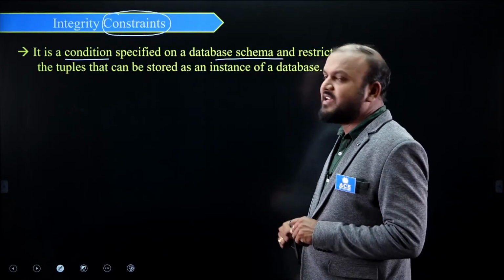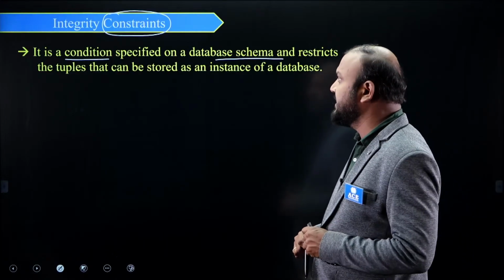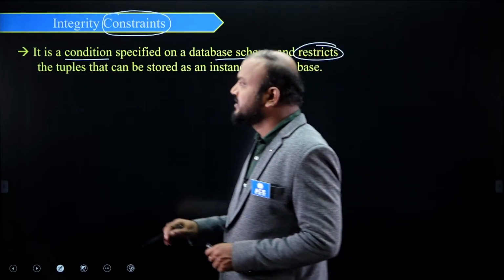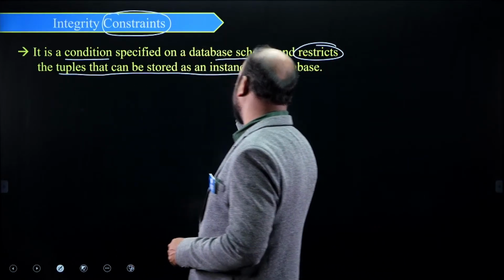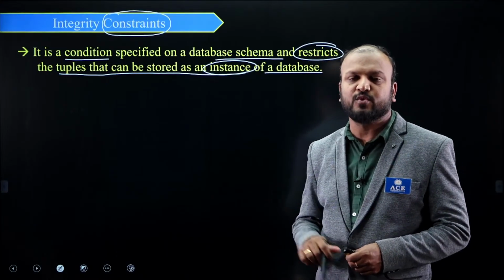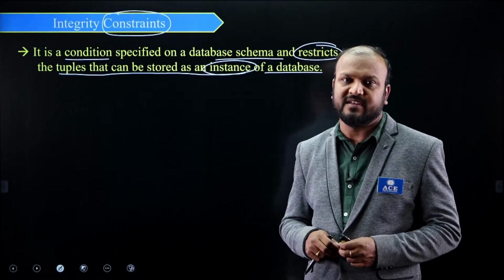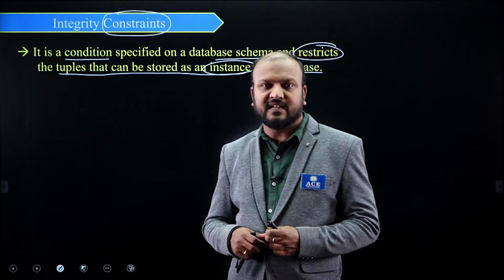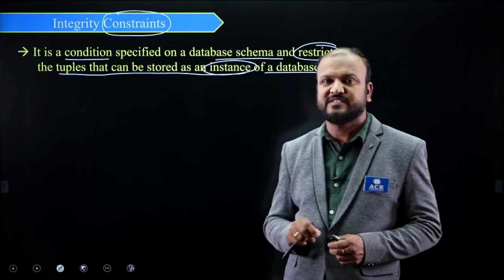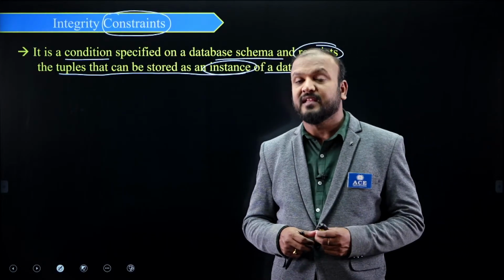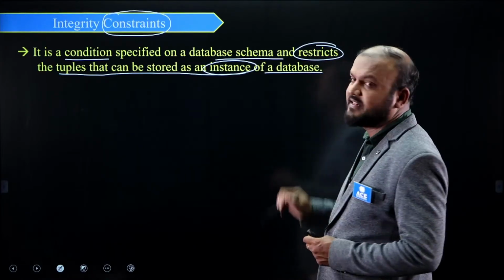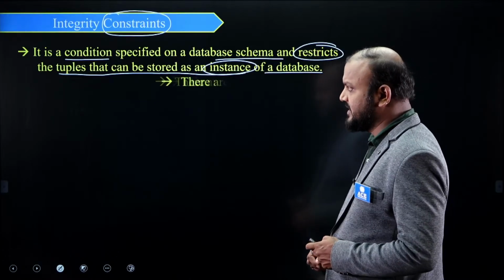If a condition is there on a particular attribute of a table, it is going to restrict the tuples that can be stored as an instance of a database. Some tuples that you would like to store in the database, if they satisfy all the integrity constraints, meaning all the conditions specified over the database schema, then only the tuple is going to be stored. Otherwise, the tuple is going to be restricted, meaning rejected.